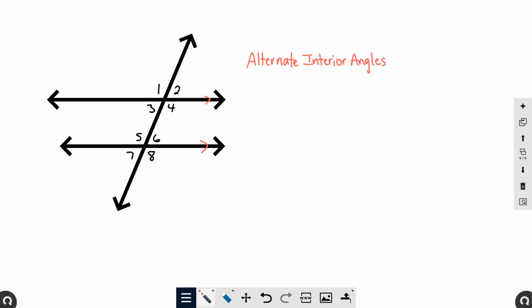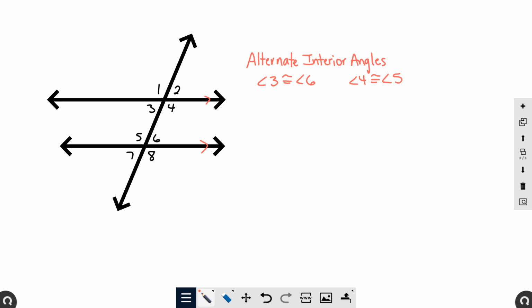What are the 2 pairs? 3 and 6 and 4 and 5. So we would say angle 3 is congruent to angle 6 and angle 4 is congruent to angle 5. So remember, alternate means opposite sides of the transversal and interior means inside the parallel lines.